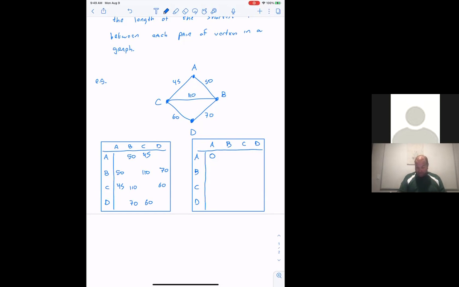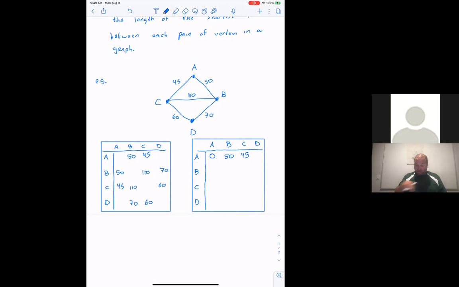A to B, just by inspection of the graph, is clearly 50. A to C, clearly 45. A to D, well, there are 2 basic routes from A to D. I can either go the left route, which has a weight of 105, or the right route, which has a weight of 120.